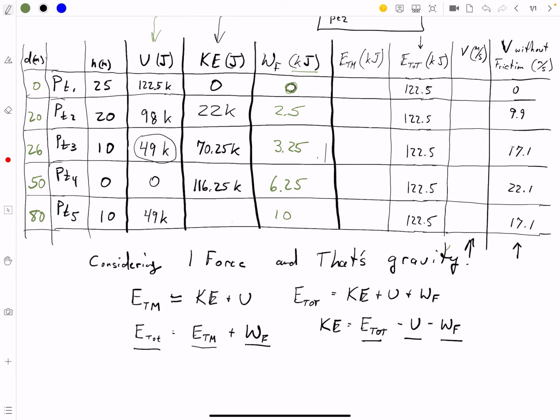And then we have our last one, and our last one is 122.5 minus 10. We're going to subtract off 49. 63.5 kilojoules.